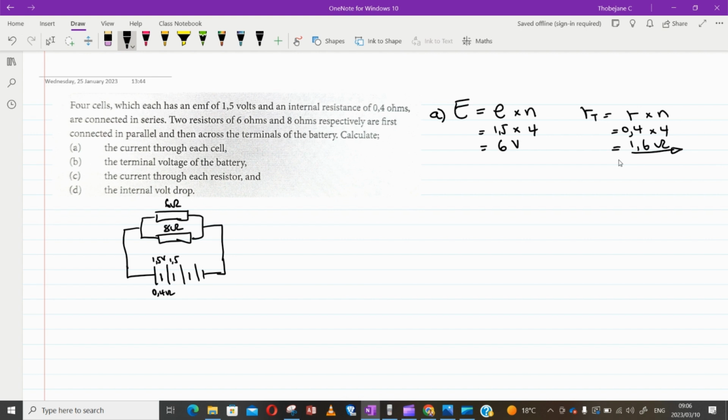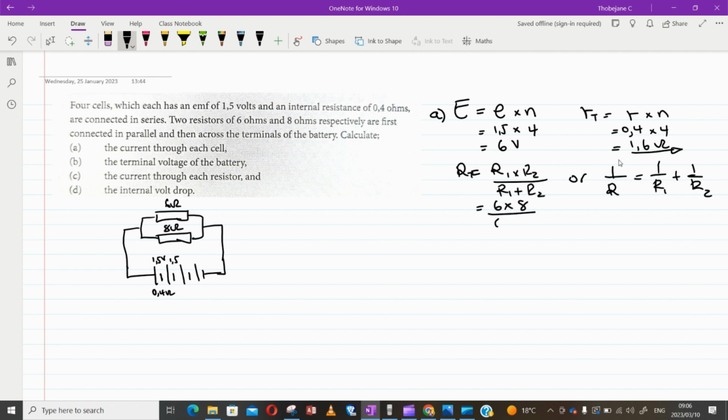We're going to then move on and calculate our total external resistance. Since we have two resistors, we can use the equation R is equal to R1 R2 over R1 plus R2. Alternatively, you can say 1 over R is equal to 1 over R1 plus 1 over R2. Since they are connected in parallel, it's still very much acceptable.